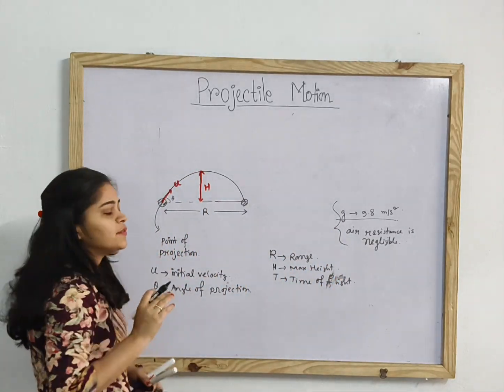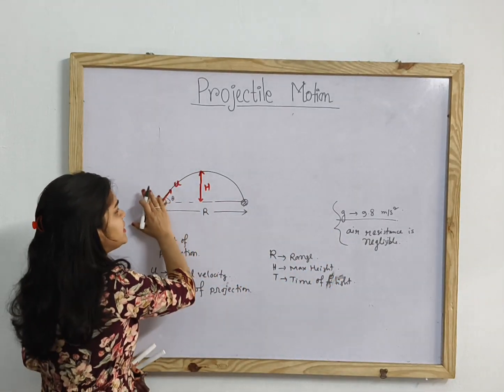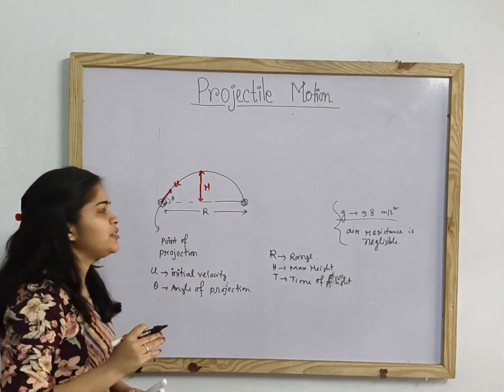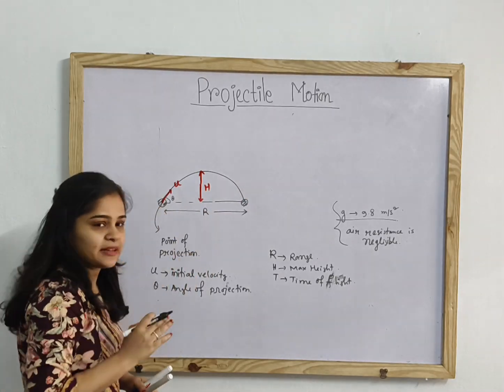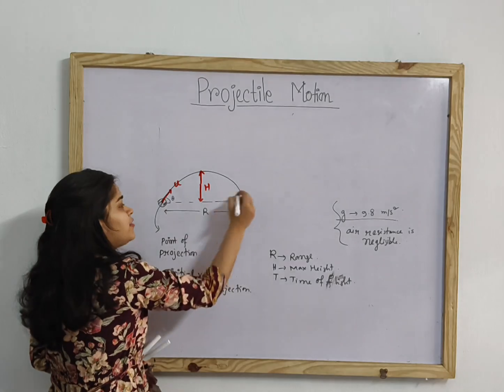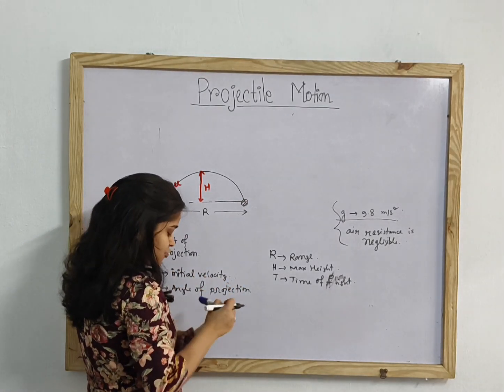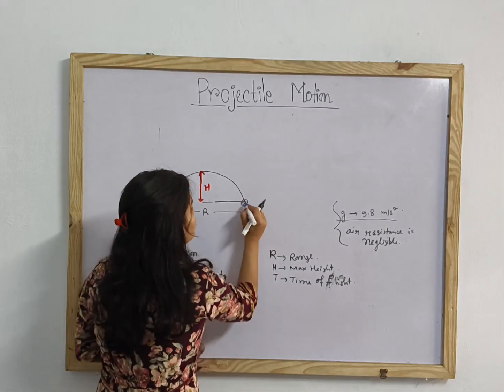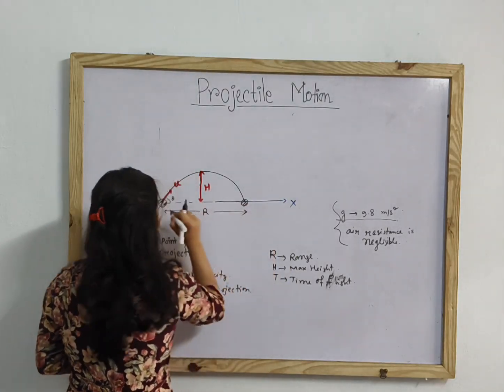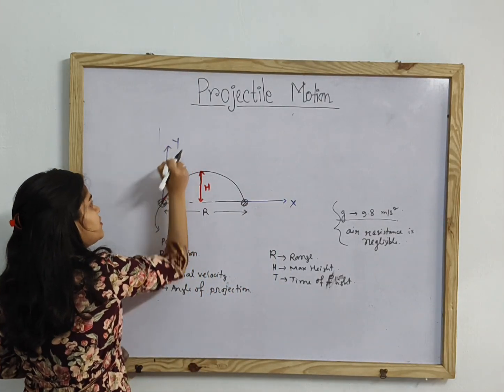Now you can see that the motion of the projectile is taking place in a plane, right? So we can have two axes in this case. We can take this as our x-axis, and this is our y-axis.